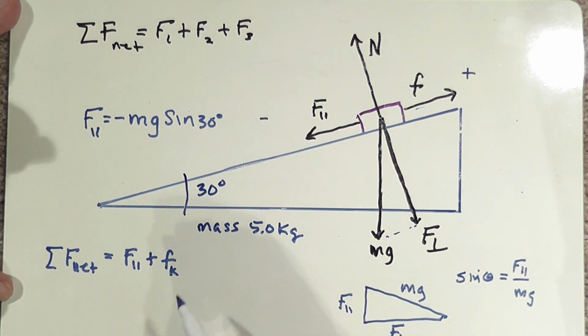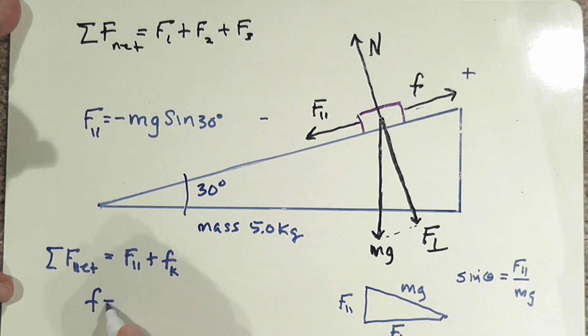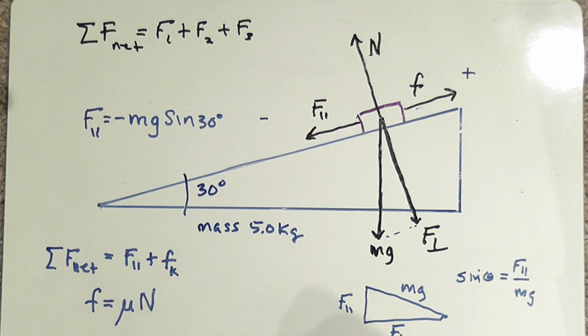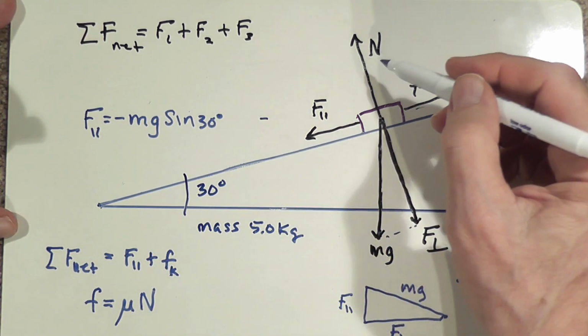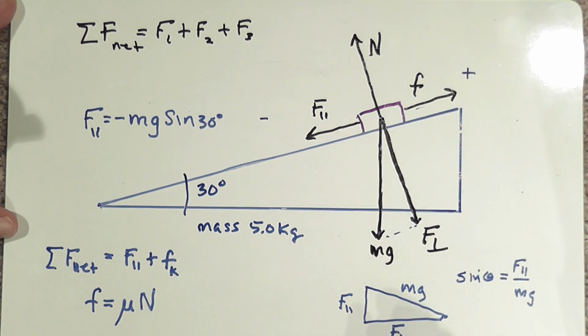So we didn't talk about what the frictional force is equal to. Well, the frictional force is equal to the coefficient of friction, mu, times the normal force. So what is the normal force? Well, the normal force up here is actually opposite of F perpendicular.